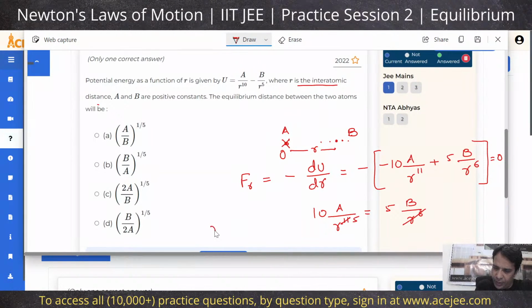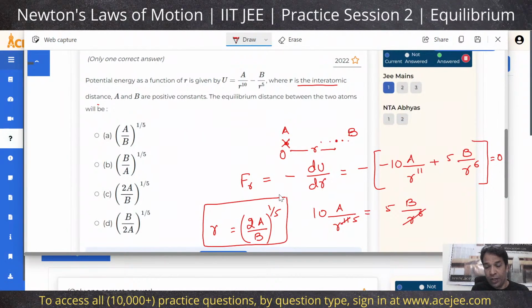In other words, r to the power 5 is 2A by B, and I'm going to take the inverse of that power, that means take the power 1 by 5. So this is my distance at which the force between the two is zero. So that must be the equilibrium distance between the two atoms. Clear?